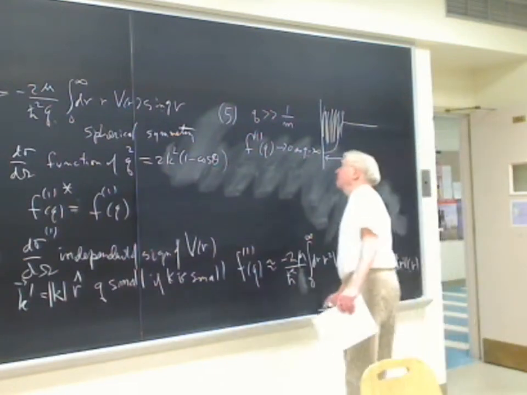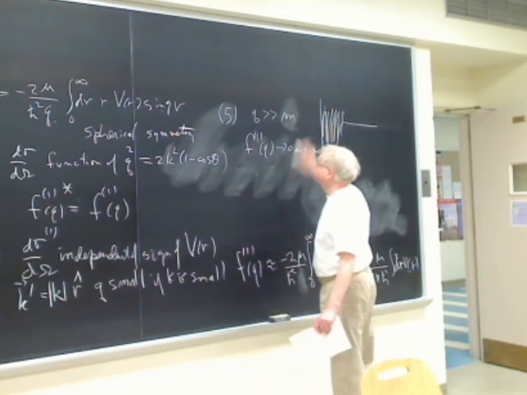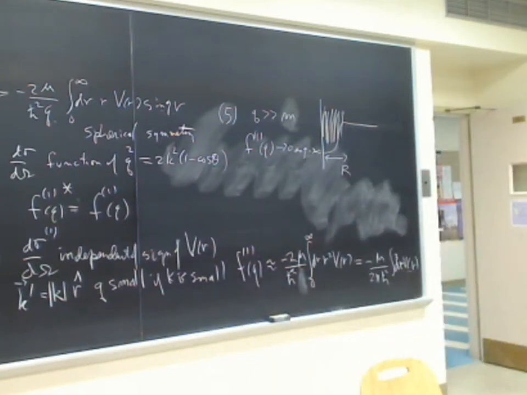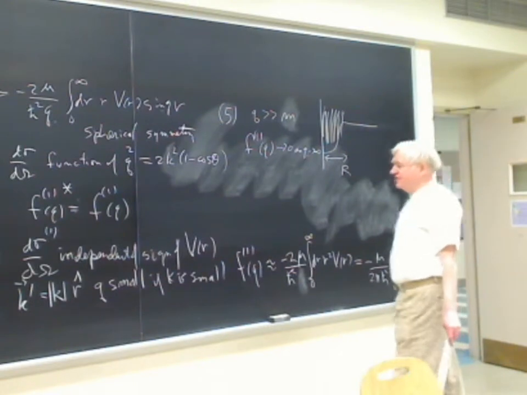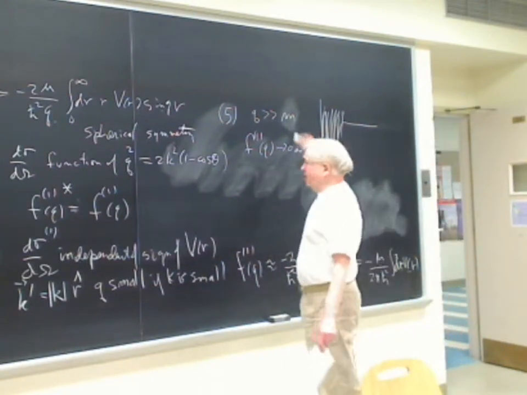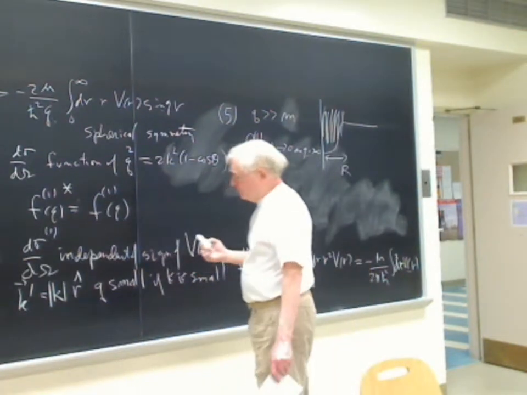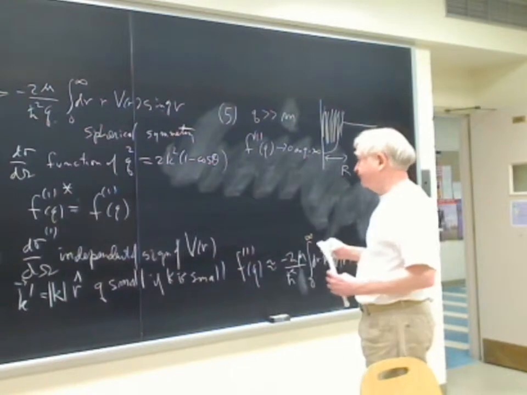Actually, it's not Q bigger than 1 over, it's Q greater than M, because M is 1 over the range of the potential. Okay, now, I've been discussing all these in the case of spherical symmetry, but in fact, the last 3 properties are true for the first Born approximation, even in the absence of spherical symmetry.